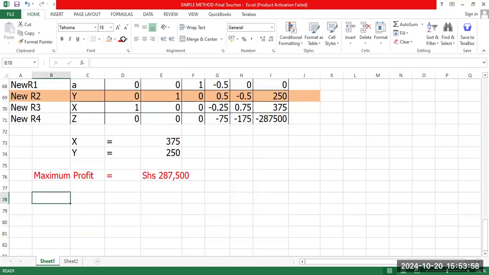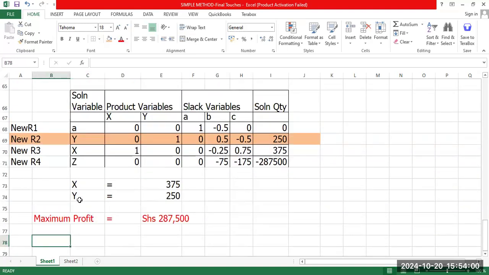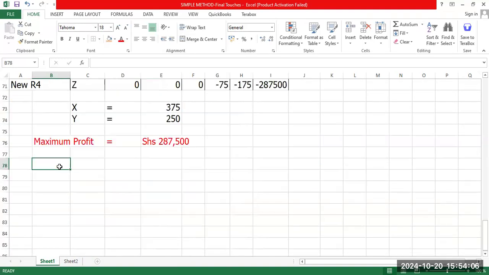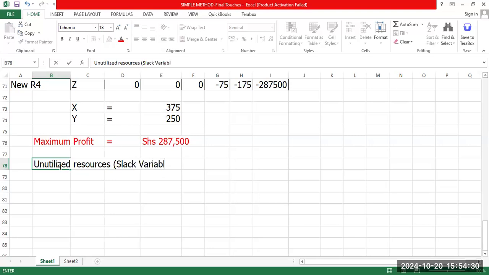If you want to know the unutilized resources, or slack variables, you see that actually all are zero.